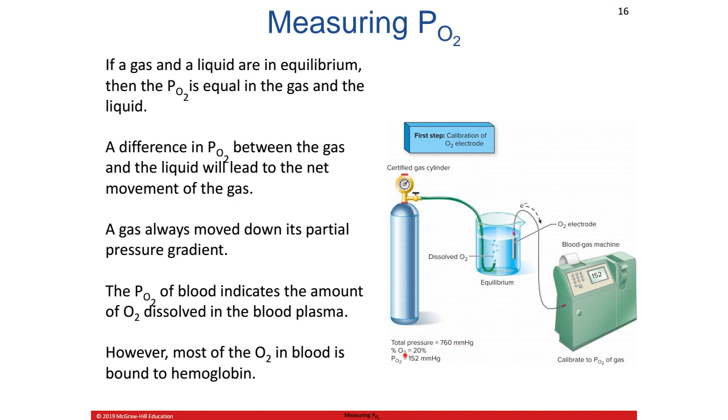Let's say we have a gas canister with 20% oxygen. The partial pressure of oxygen within this tank is 152. Let's bubble that gas into this beaker and let it come to equilibrium. In other words, we let it bubble for say 5 minutes, and then we measure the amount of oxygen within the water, and we get the value 152.